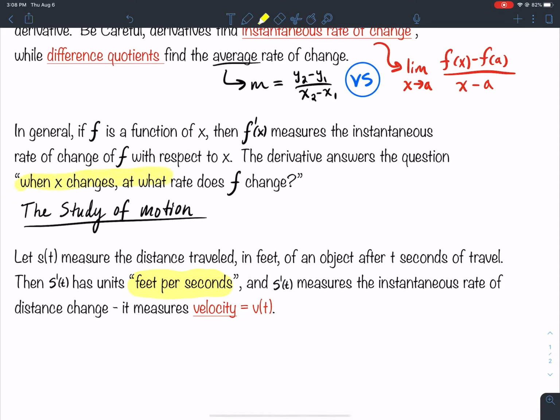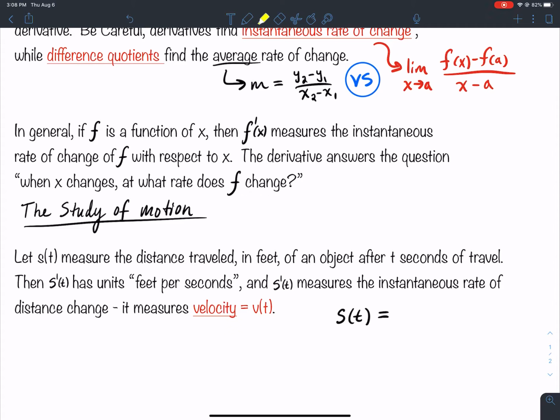When x changes, how does f change? So you take your feet and divide by your seconds. So s prime of t measures the instantaneous rate of distance change. It also measures the velocity, v of t.